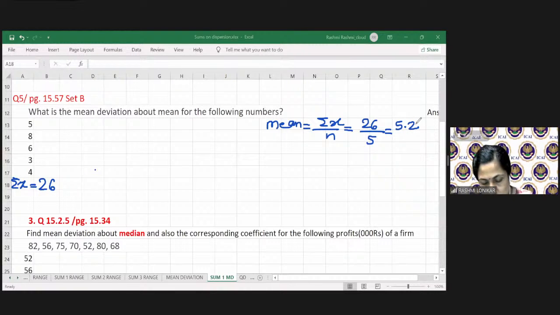Okay. Yes, everybody, these are the 5 numbers. Vishnu, these are very small sums.